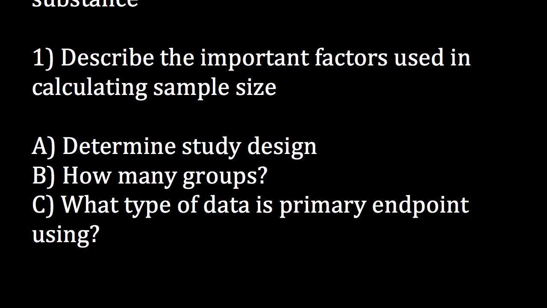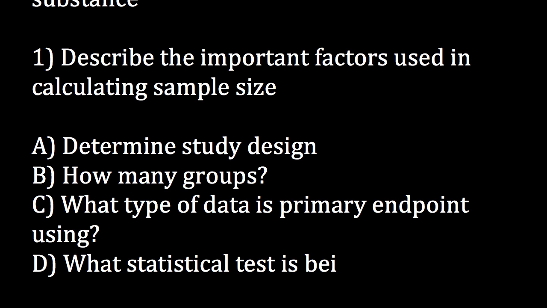And following that, what statistical test is being used. And this is going to correlate, of course, with the type of data. We'll talk more about statistical tests later on, so don't stress over this part right now. I'll walk you through that as we go through some of the examples.